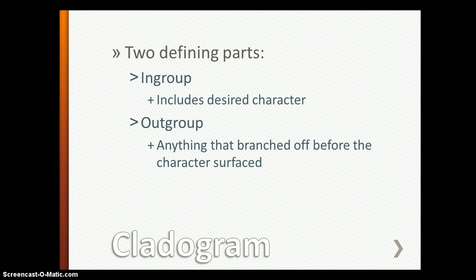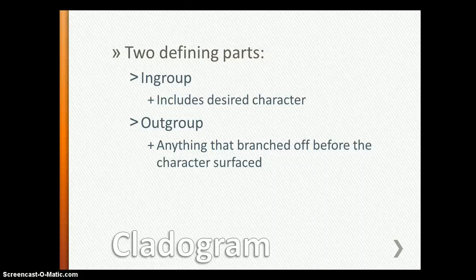So as I talked about in groups and out groups before, in a cladogram, the in group includes the desired character. So in humans, let's say you wanted the in group to have the character of hair, for example.